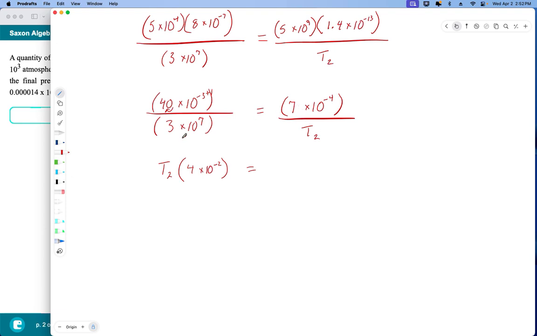And then this is going to be 3 times 10 to the 7th times 7 times 10 to the negative 4. Okay, so now we have some values. So we have this times this is equal to 3 times 7 is 21, times 10, 7 minus 4 is 3.